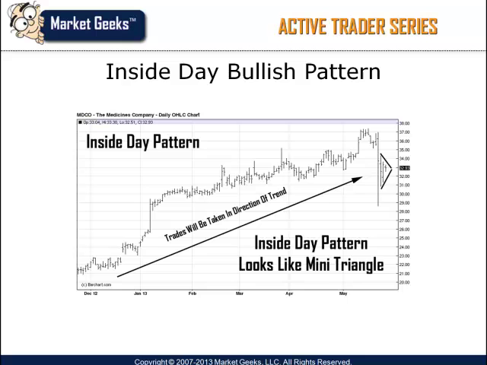What I like about this pattern is it provides a low-risk entry opportunity for traders because the volatility and the length of the trading bars are greatly reduced from the normal day-to-day volatility of the stock. This provides a good low-risk entry area without having to incur excessive risk due to extended volatility, which causes extended trading range and more risk to the position.